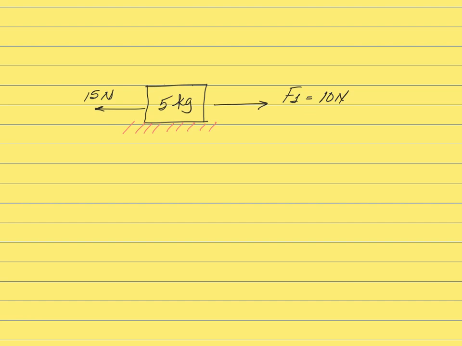That's what I'm going to do right now. First step, you have to draw a free body diagram. And you know that in a free body diagram, you're going to be representing all the forces that are acting on that object.